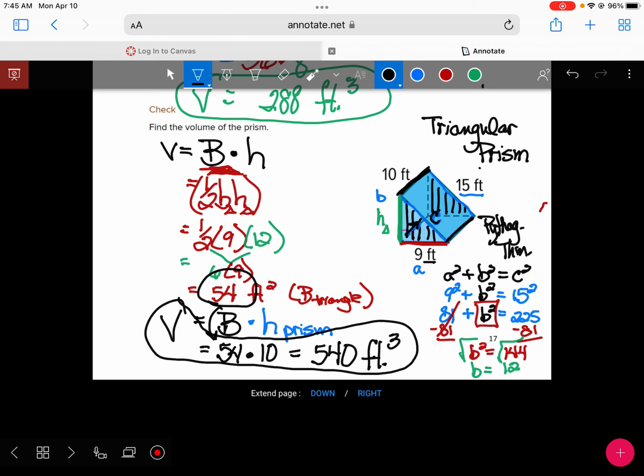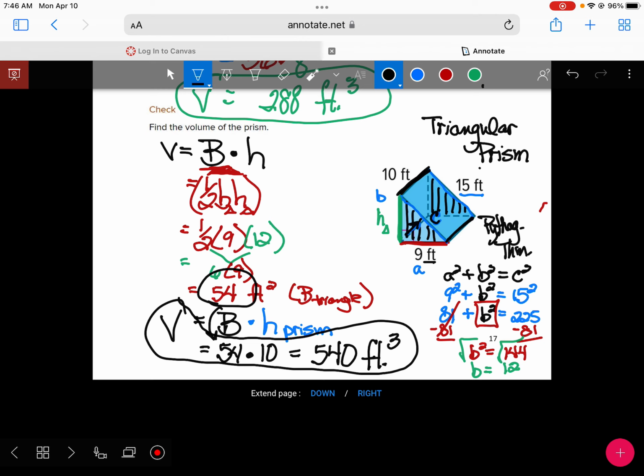And here, this was 12 feet. This was 12 feet, but it's on its side. You see how I'm sitting on the base here, but in the picture, your base is on the side. So the height of this prism was actually 10.